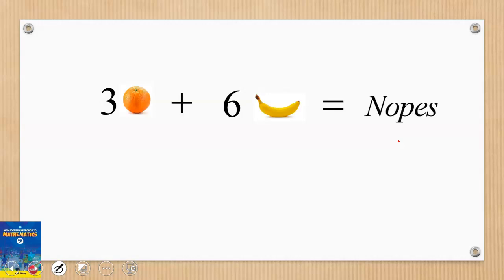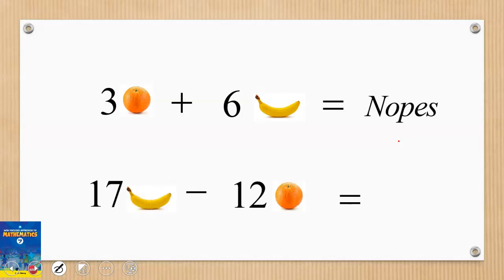So here there wouldn't be any addition. If I do the same thing for subtraction, I have 17 bananas and I want to take 12 oranges from 17 bananas. It doesn't make sense. So it doesn't work that way.